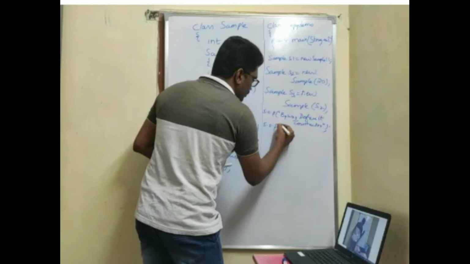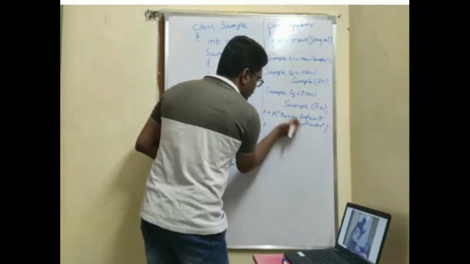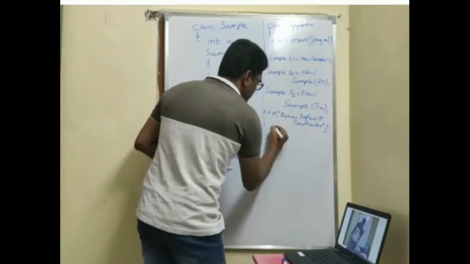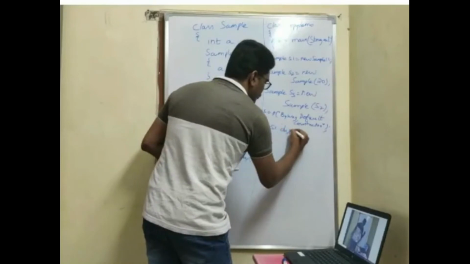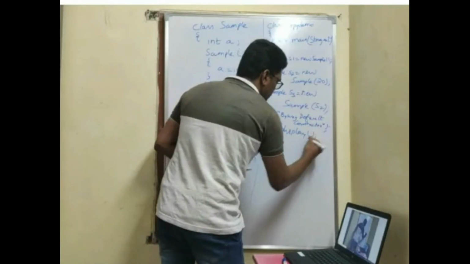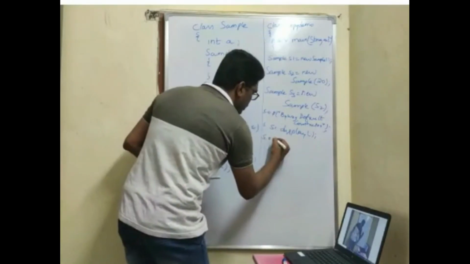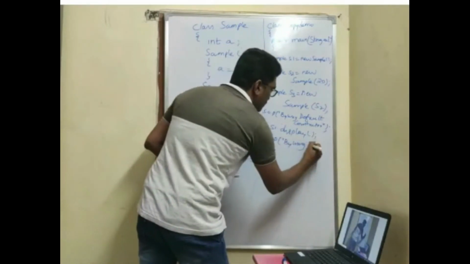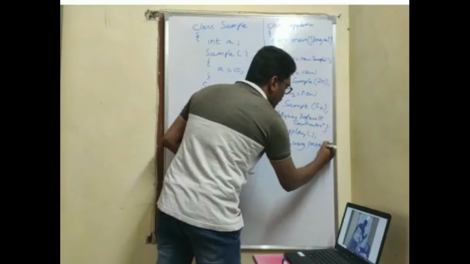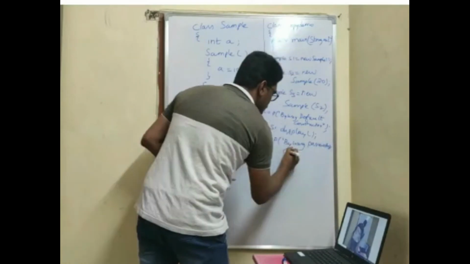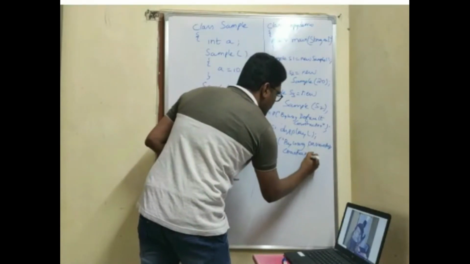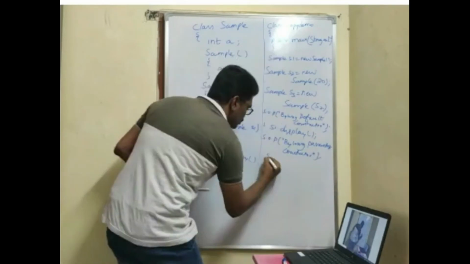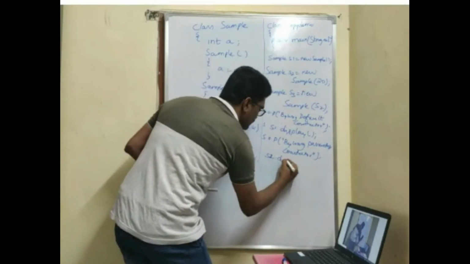So I write s1 dot display. Similarly, System.out.println by using parameterized constructor, so s2 dot display.